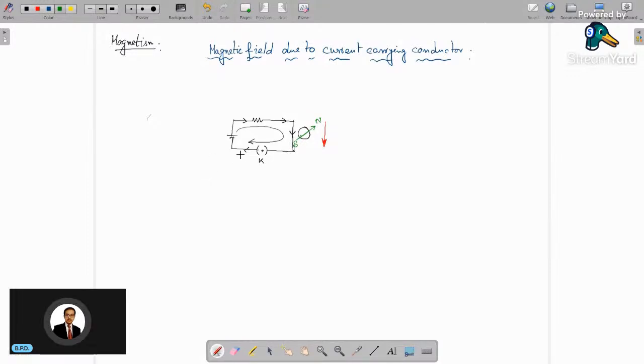এখন আমরা যদি, if we change the direction of the current, intentionally we change the direction of the current by placing this. Instead of this direction, we are taking counterclockwise direction, that is from this, this and this.